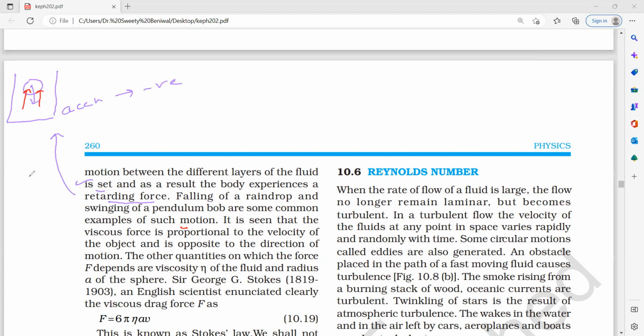Now, what is happening in the case of a raindrop? The raindrop speed keeps on increasing as it comes down, but the value of drag force is also increasing on it.